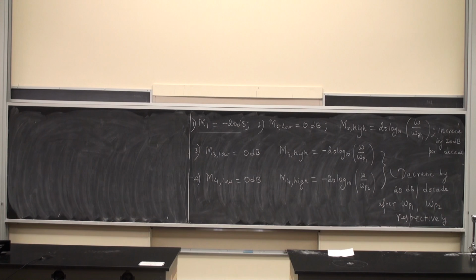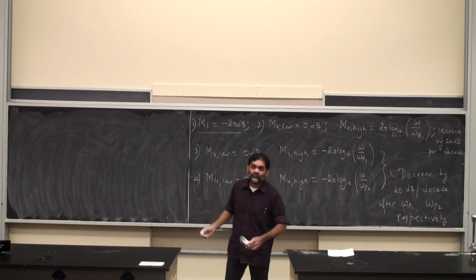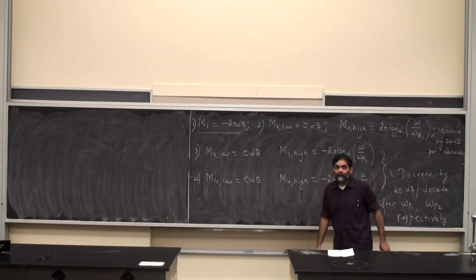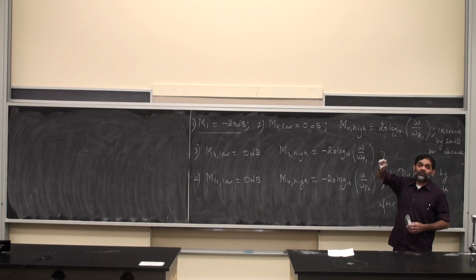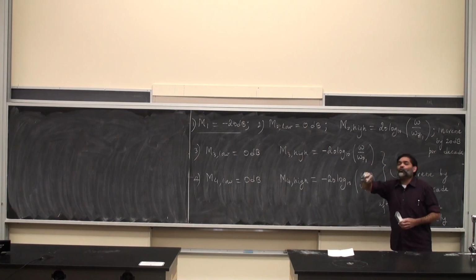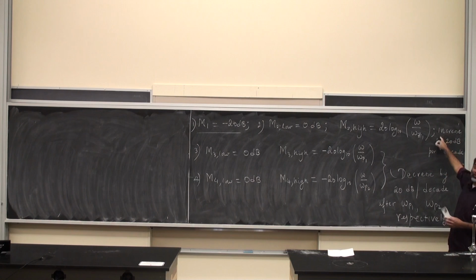I'm going to take an underdamped system. Oh yes, question. The increase and decrease by 20, is that true in any situation or just in this particular problem? Any situation. So if you have real distinct roots or real distinct poles or real distinct zeros. If you have real and distinct zeros, this is always true. If you have real distinct poles, always true.